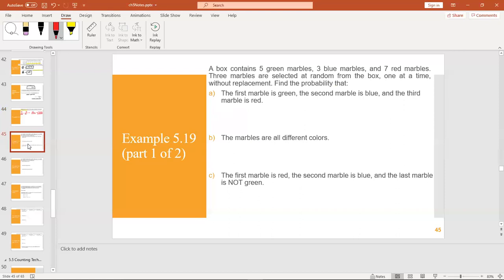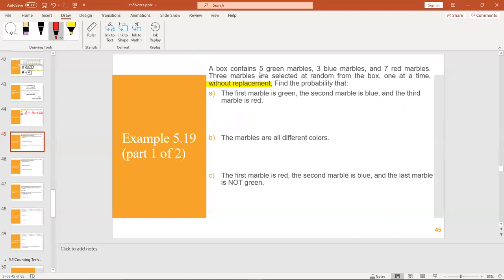A box contains 5 green marbles, 3 blue marbles, and 7 red marbles. 3 marbles are selected at random from the box, 1 at a time. And again, the key words here, without replacement. Find the probability that the first one is green, the second one's blue, and the third one is red.